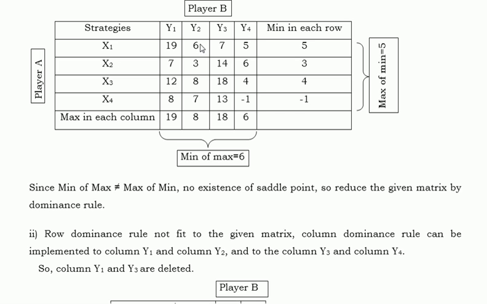But when you compare y2 with y4, 6 is greater than 5, accepted, but 3 is not greater than 6. So the column dominance rule does not fit between y2 and y4. Even between y2 and y3 it does not fit. So the deleted columns are y1 and y3.